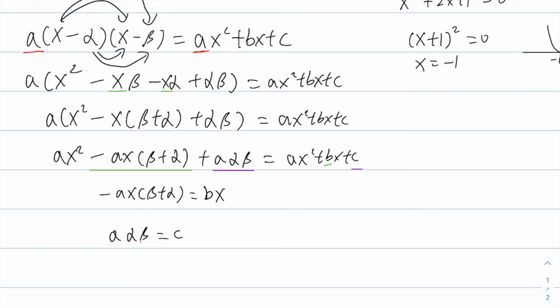So I want to put it in this as the main subject. So here, negative a times beta plus alpha is equal to b, and b divided by a times negative is equal to beta plus alpha. This is the sum of roots. We're going to put it down first.